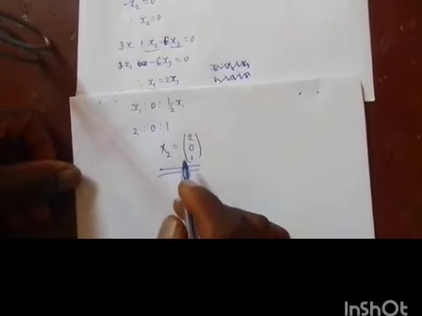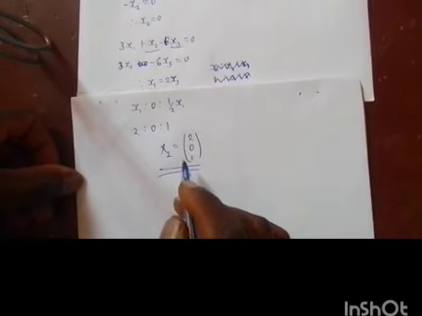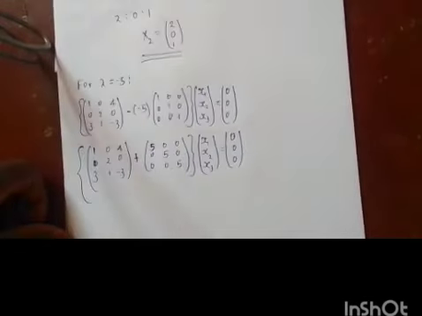So we proceed to the third eigenvector, where we will find it by substituting the third eigenvalue in the equation. So we solve it and we obtain.